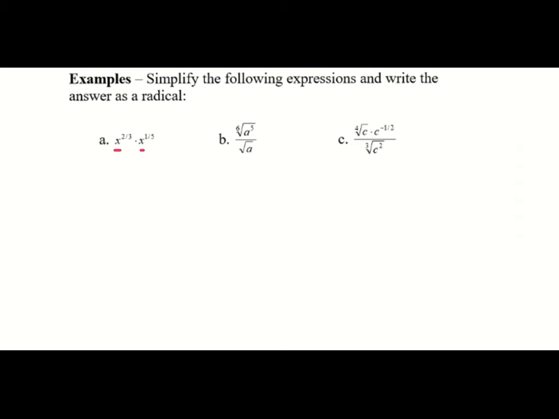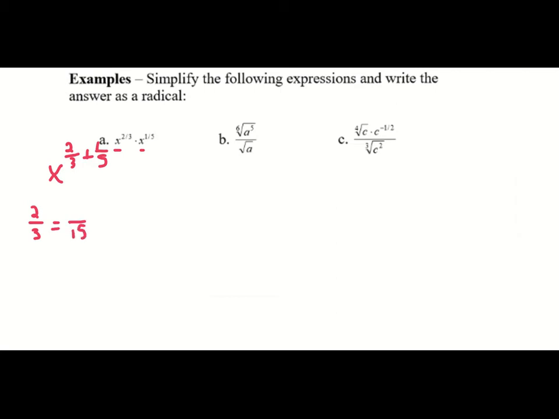So right now, to get my answer here, I would do x to the 2/3 plus 1/5. Now, we can't add our fractions unless we have a common denominator. So I'm just going to move this down here. I'm going to say, well, 2/3 I can change into, let's see, we have 3 and 5, so we're going to make our denominator 15.